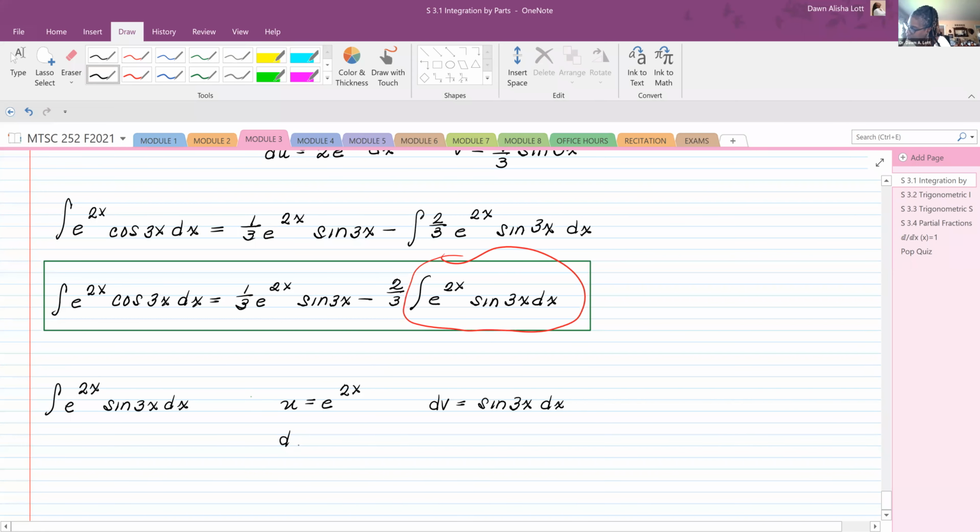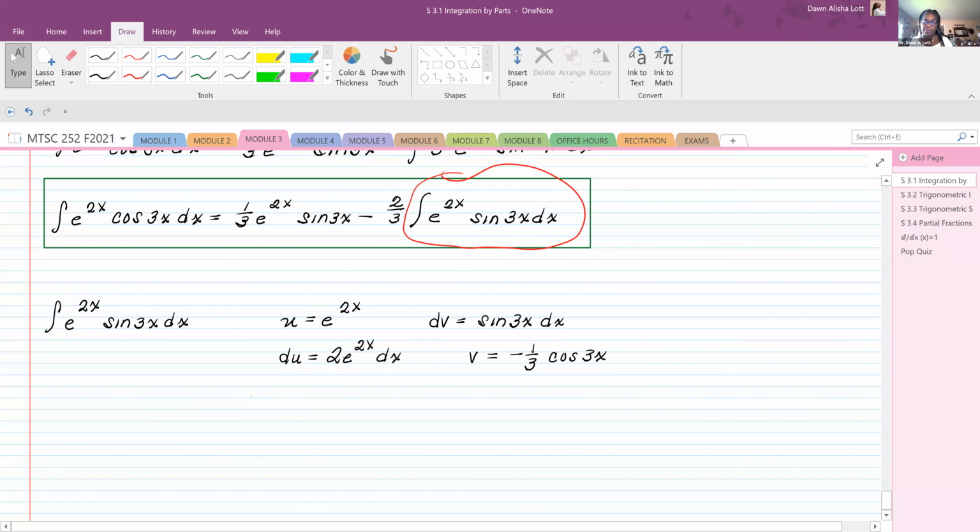So du, again, 2e to the 2x dx, that was nice. And v is minus 1/3 the cosine of 3x, because when I take the derivative of the cosine of 3x, a negative pops out and so does a 3. Okay.